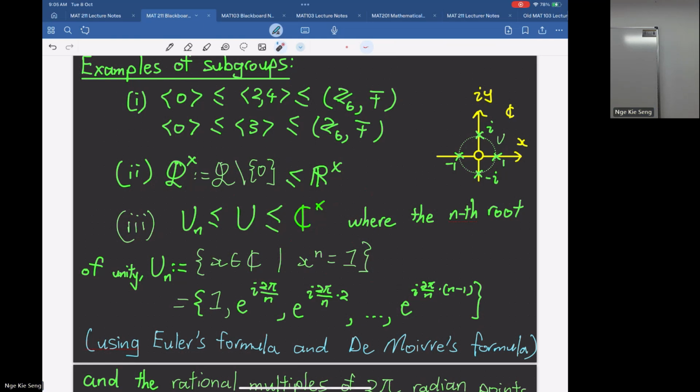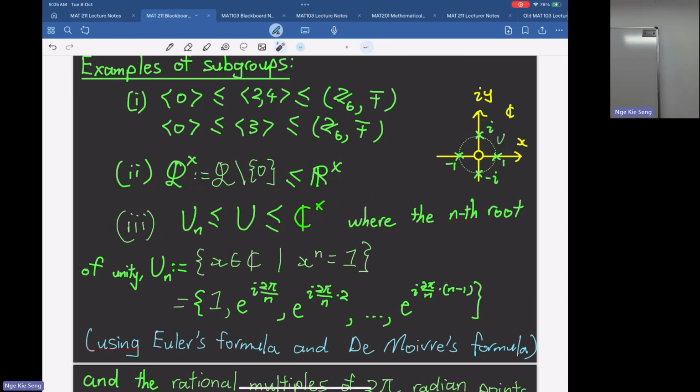Radius times e to some multiple of 2 pi i. The theta is what we call the argument, and r is the radius.